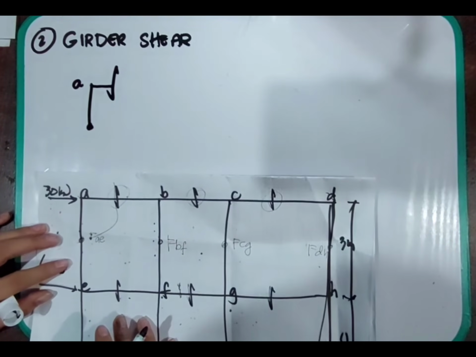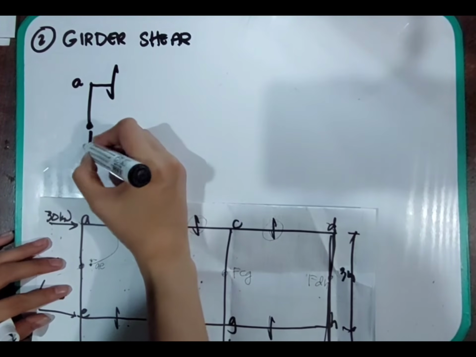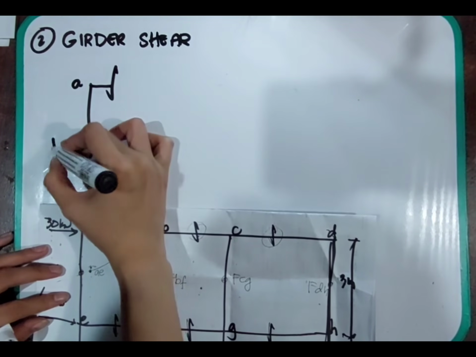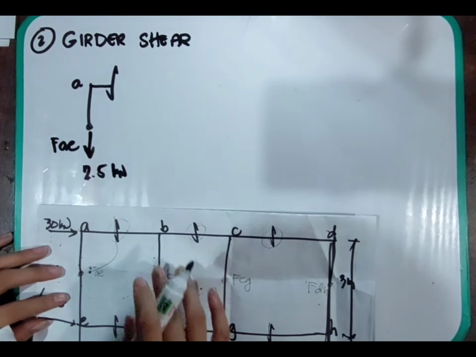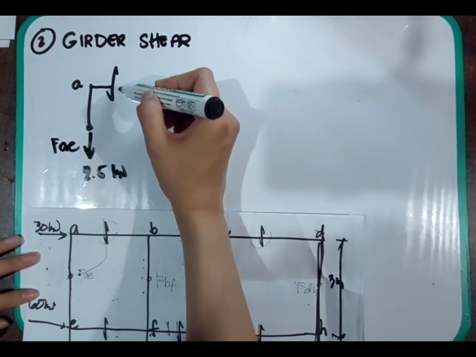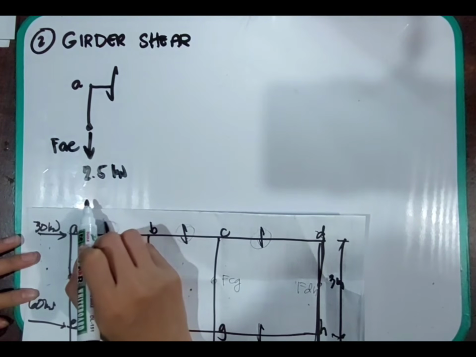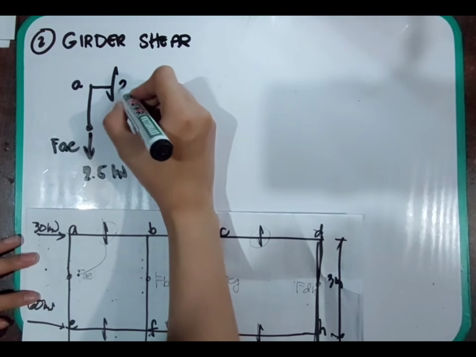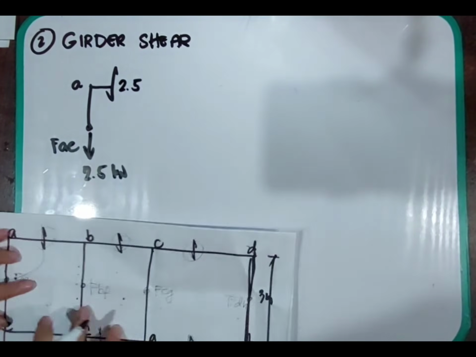Ito, alam naman natin yung direction nito kanina. Sabi ko, pababa. So, we have 2.5 kilonewton. This is your FAE. Okay, so paano kunin ang value ng girder shear natin? Alam natin na ang 2.5 should be equilibrium condition. So, 2.5 din yan. Kukopihin nyo lang.